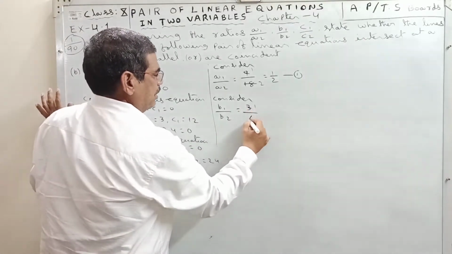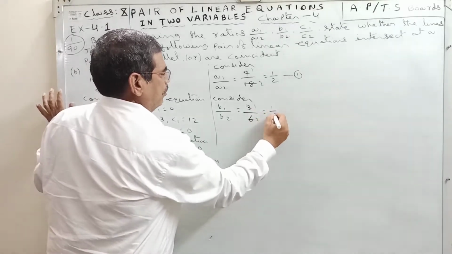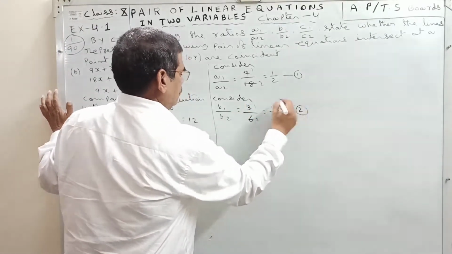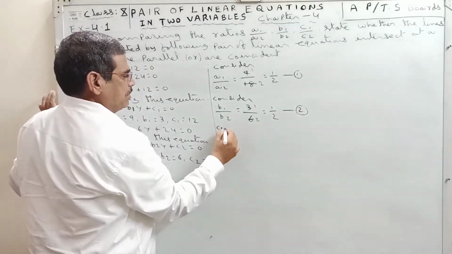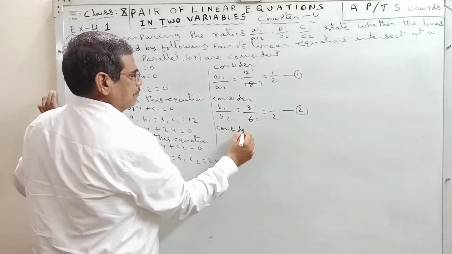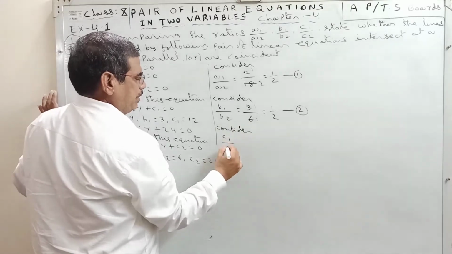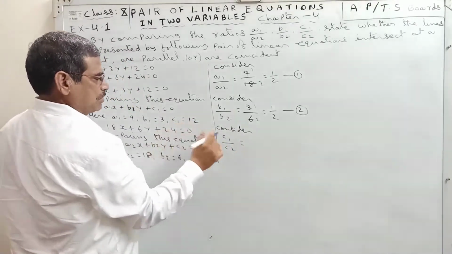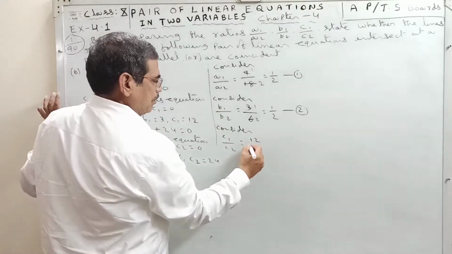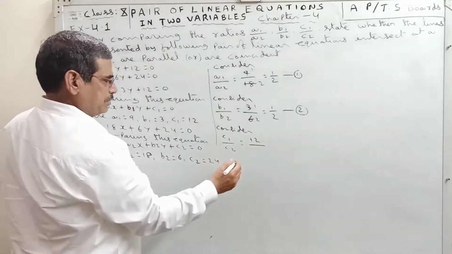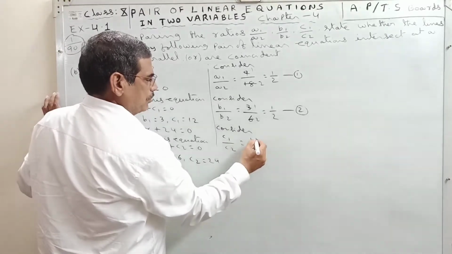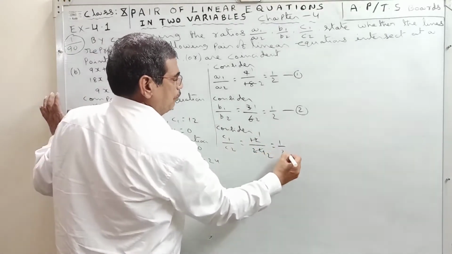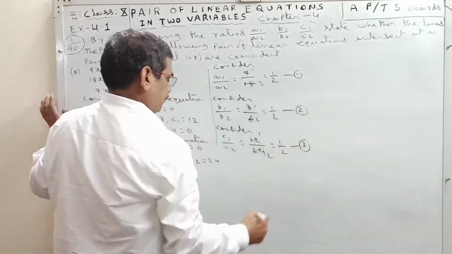After cancellation, 1 by 2 is there. This is 2. Consider c1 by c2: c1 is 12 and c2 is 24. 12 ones are 12, 12 twos are 24, so 1 by 2. This is 3.